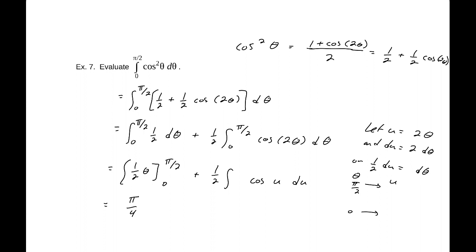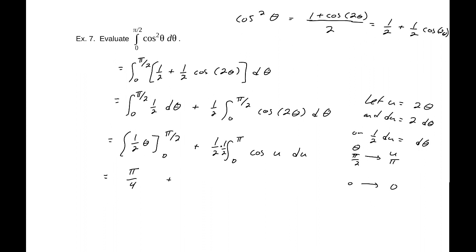Evaluating that into 2 theta, that is going to be 0 and pi. So the integral from 0 to pi of cosine U. And notice we had to put in a 1/2, so actually there should be another 1/2 coefficient there. So this is 1/4, and this is sine U evaluated 0 to pi.